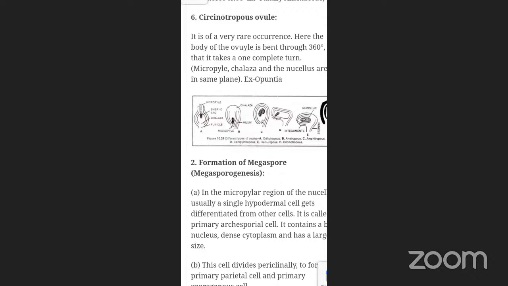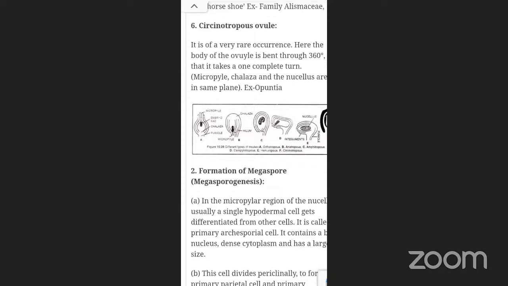Okay, so another one is the endothelium. In several families of the Gamopetalae, mostly unitegmic, that one we call the tenuinucellate ovule. Means one integument is there, and tenuinucellate ovules are seen in the Gamopetalae order.